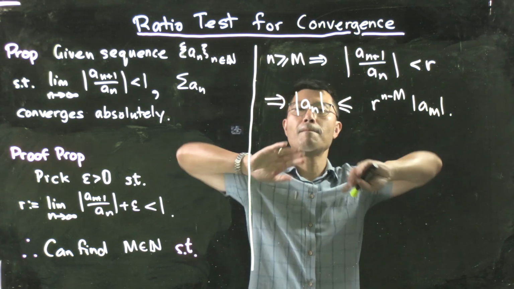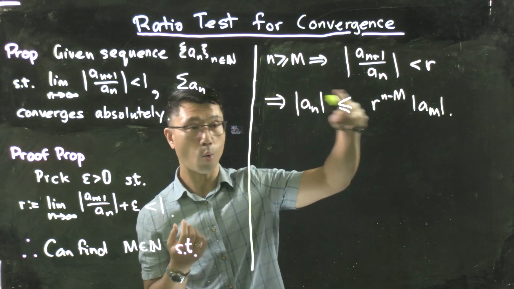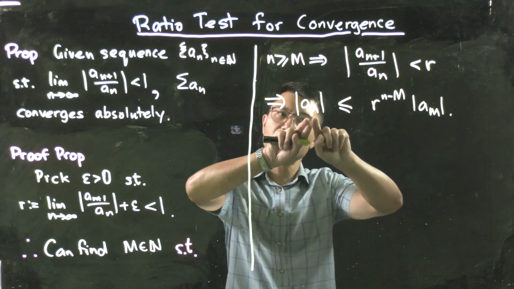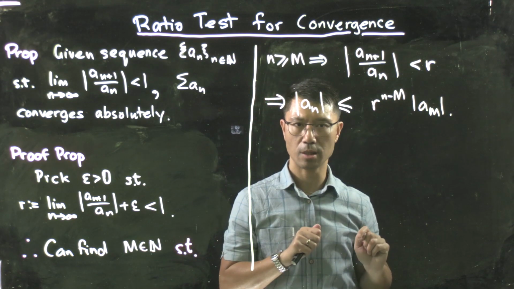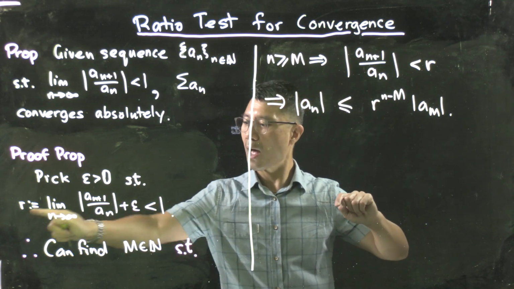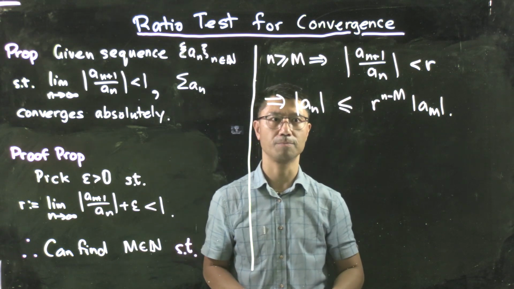Okay, so this gives us a bound on the tail of the sequence. Basically, the way you should think about it is this is bounded by a geometric series whose common ratio is this r, and this r we chose to be less than 1. That's the secret to what's going on.